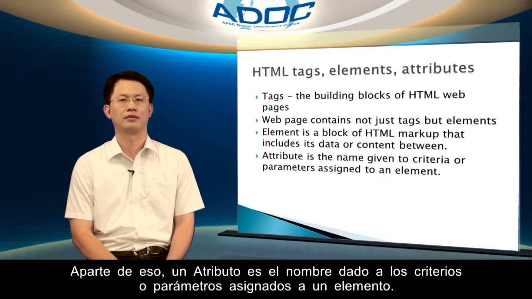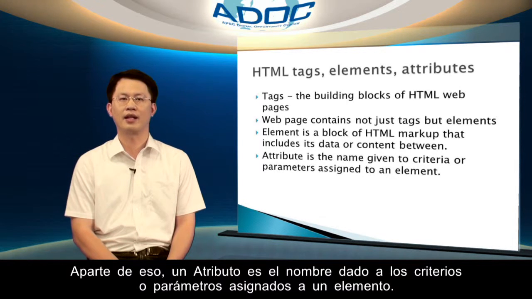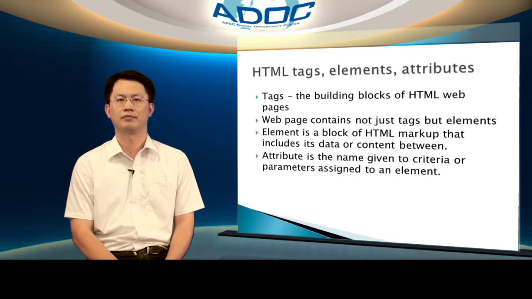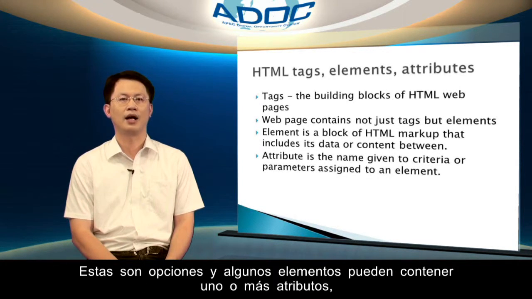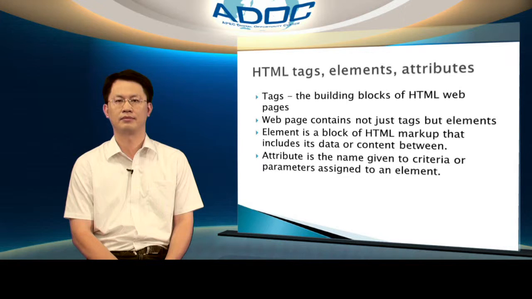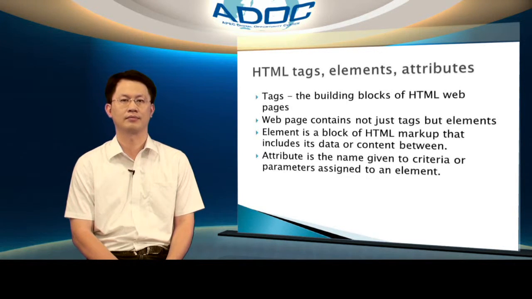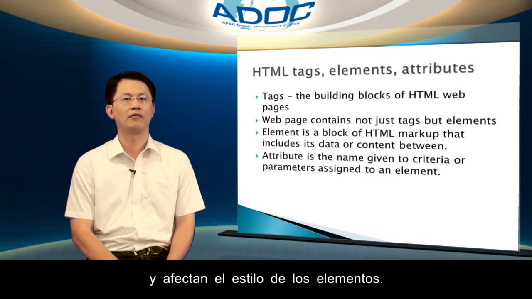Other than that, attributes is the name given to criteria or parameters assigned to an element. These are options, and some elements can contain one or more attributes, which are located in their opening tags and affect the styling of the elements.